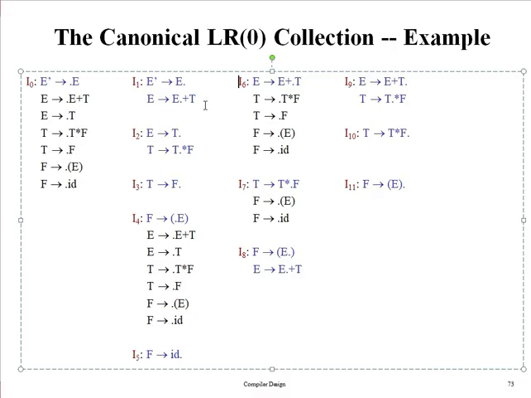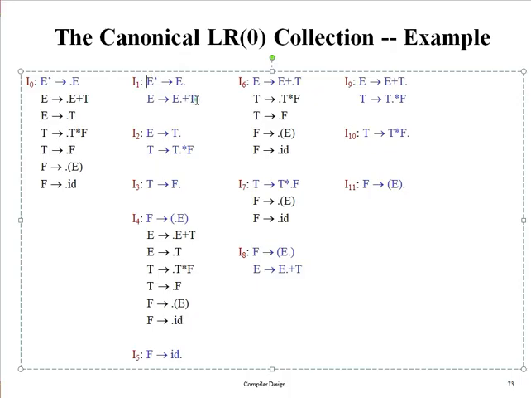Now we should check I1 to see if it is possible to generate another item from it. From I1 it is impossible to generate another item because this is a final item having the dot at its right end. It has already reached the final position, so it is impossible to generate a new item.